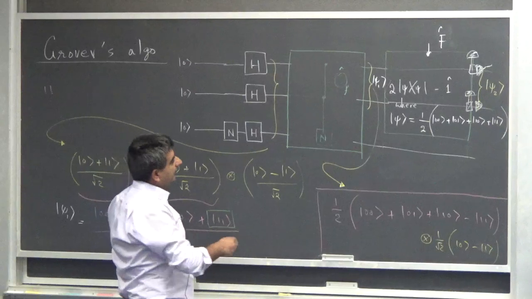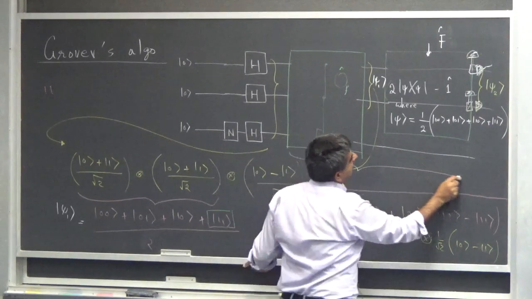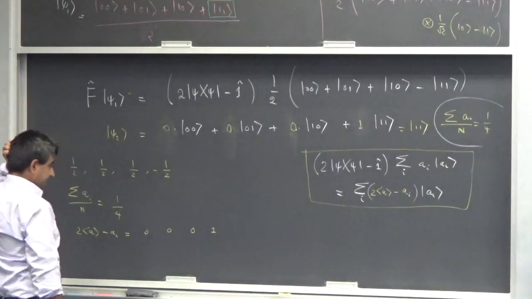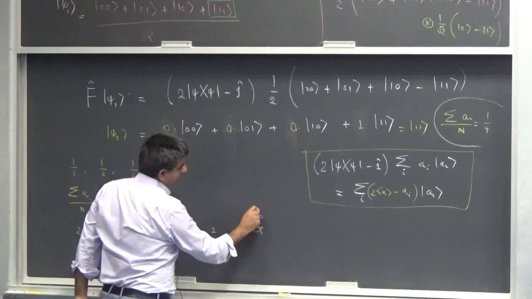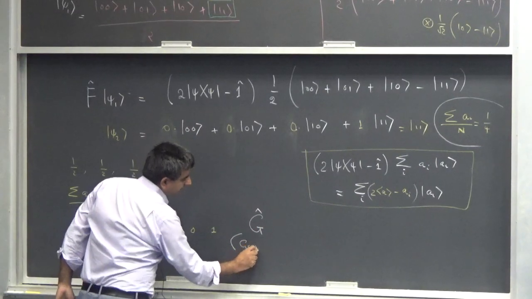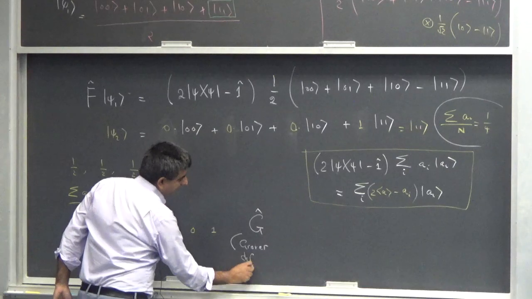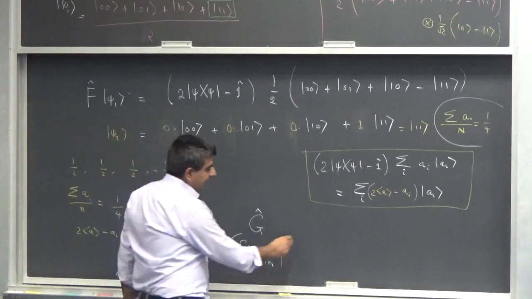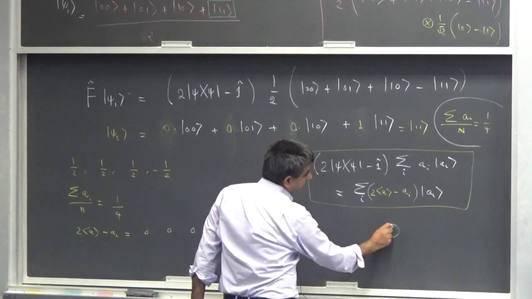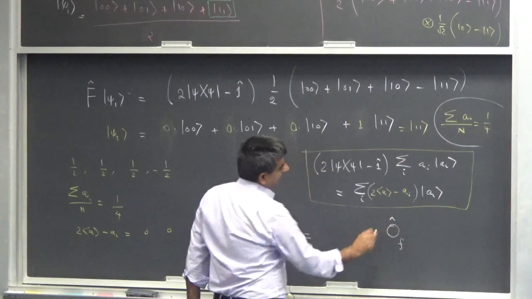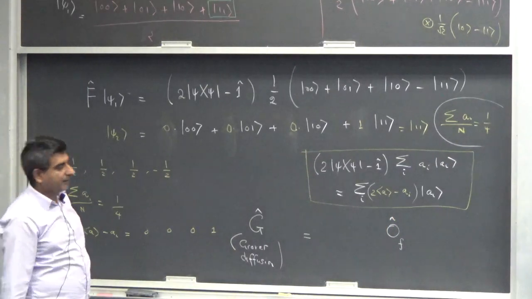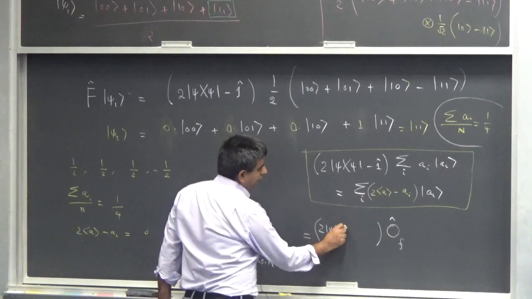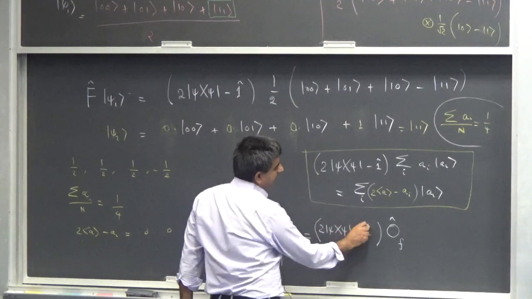And by the way, all of this is called a Grover iterator, G, or a Grover diffusion operator. What the Grover diffusion operator does is that it implements the oracle O_f followed by this operator, 2 cat psi bra psi minus identity.